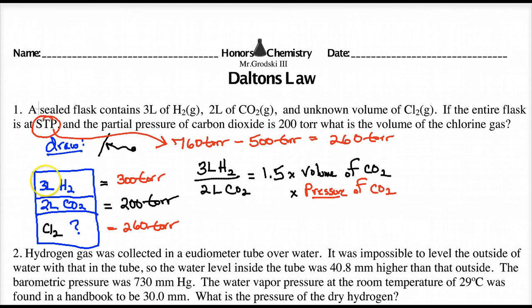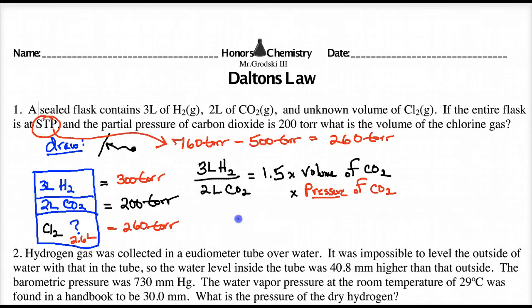There are 3 plus 2, 5 liters contained total. Wait a minute, and the 5 liters these guys take up, they exert 500 torr. For every liter, there's 100 torr. So that should also clue you in that this is 2.6 liters. But if you don't see that, remember, pressure ratios and volume ratios have to be proportionate if gases are acting the same because they're under the same conditions of temperature and pressure.